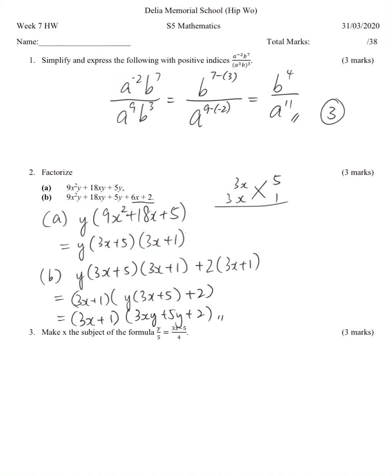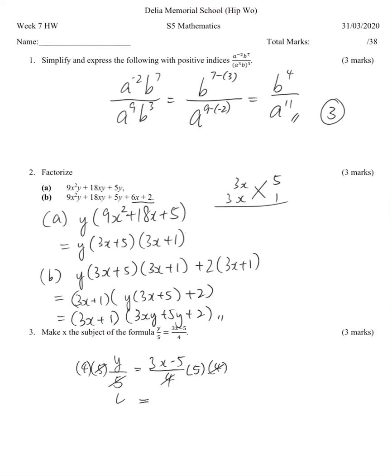Okay, so number 3, we have a denominator 5 and a denominator 4, so multiply those, the 5 and the 4, on both sides. Now why we do that? Because then we can get rid of the denominators.